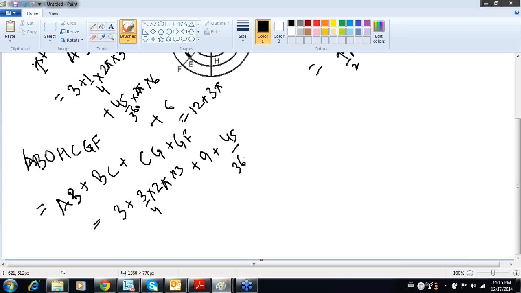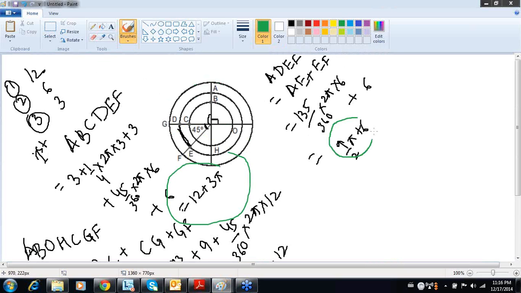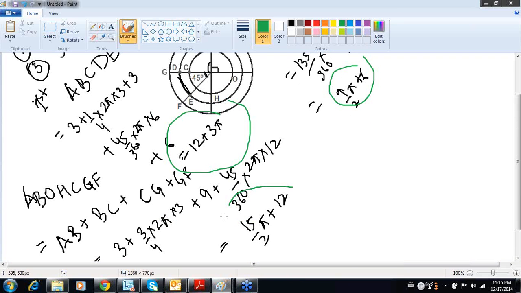So 45 by 360 into 2 pi into 12, which will come out to be 15 by 2 pi plus 12. Now we have 3 values with us. This is the first value, this is the second value, and this is the third value.